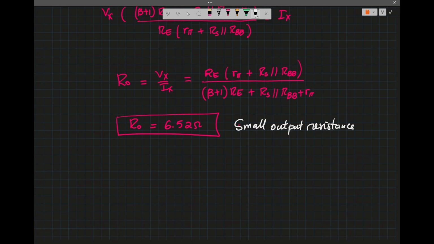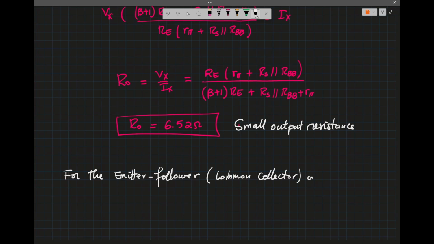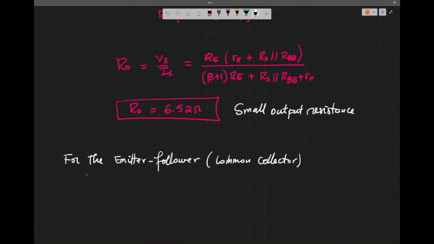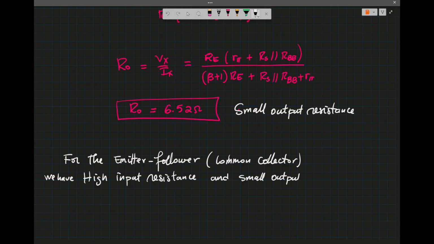For the common collector, or emitter follower, we have high input resistance and small output resistance.